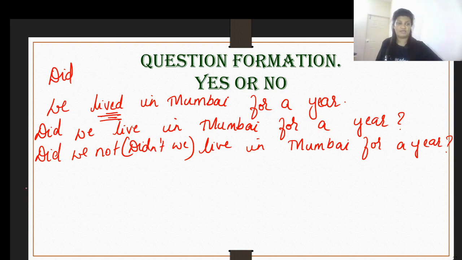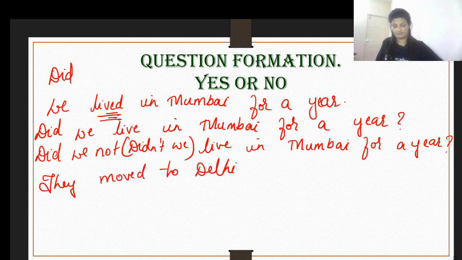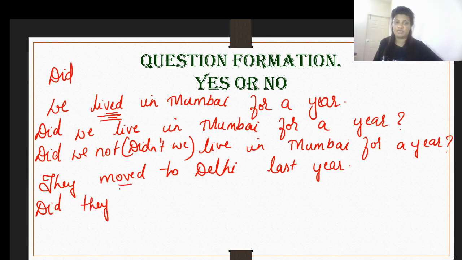The next one is they moved to Delhi last year. That's your statement. Now you got to convert this into a question by introducing the word did, and the subject remains intact, but moved gets converted into move.